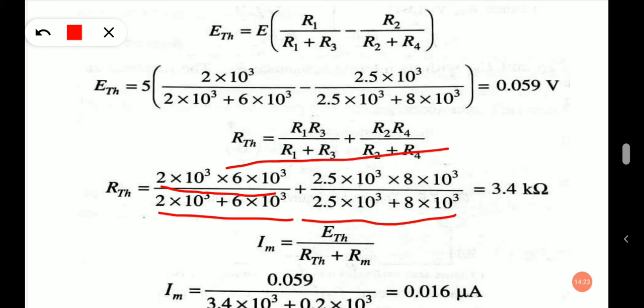So here 2.5 into 10 raised to 3 into 8 into 10 raised to 3, upon R2 plus R4, 2.5 into 10 raised to 3 plus 8 into 10 raised to 3, and after calculating we will get RTH, that is Thevenin equivalent resistance, as 3.4 kilo ohm.